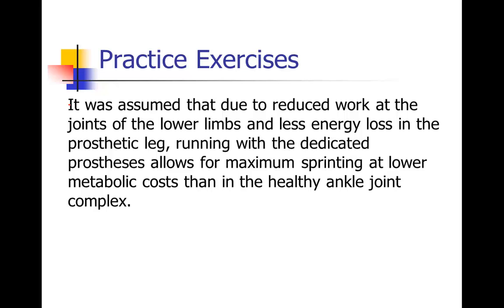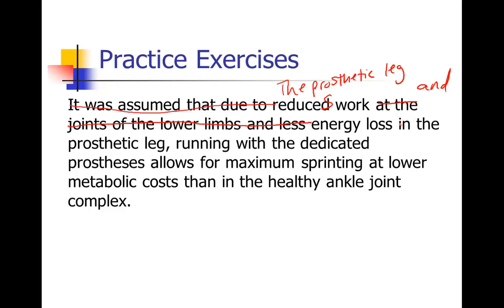So I'm going to say something like, and again, I'm changing this one around quite a bit. So the prosthetic leg, so start with what the prosthetic leg does. What is that effect? The prosthetic leg does two things. It reduces work and energy loss. See, I'm writing with verbs. It reduces work and energy loss.